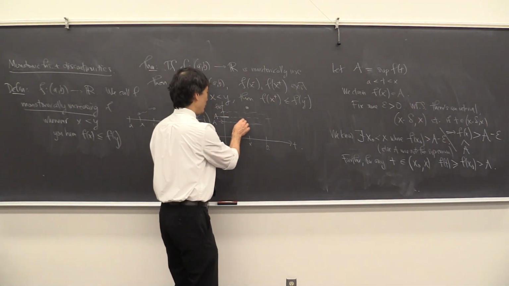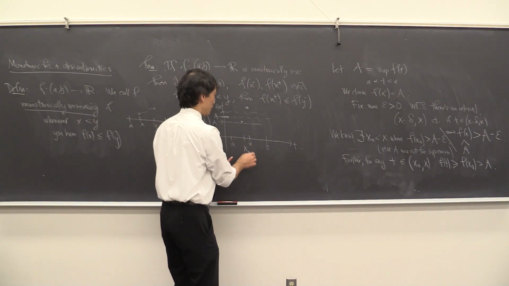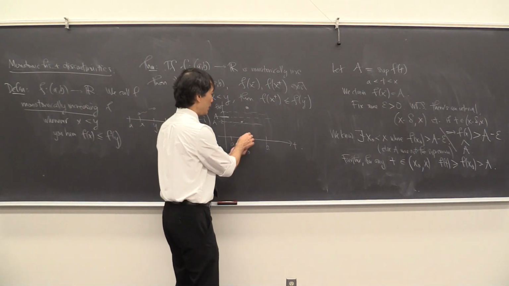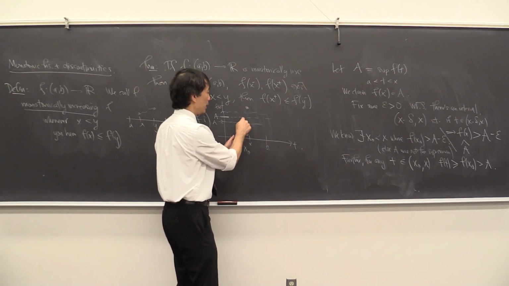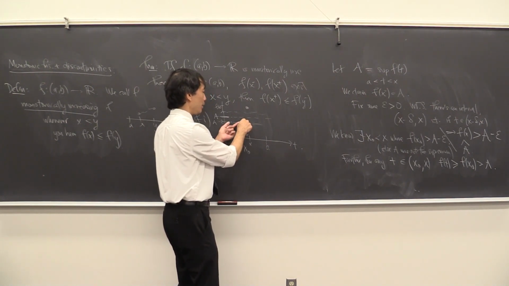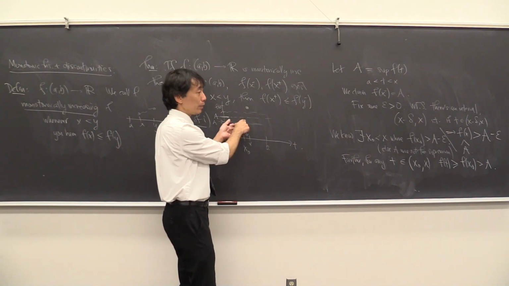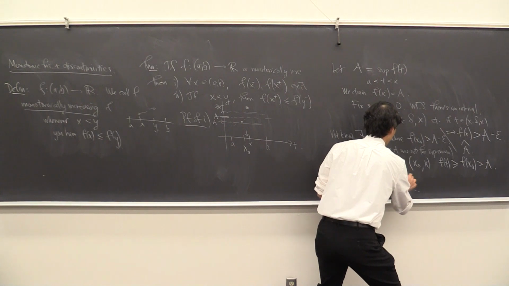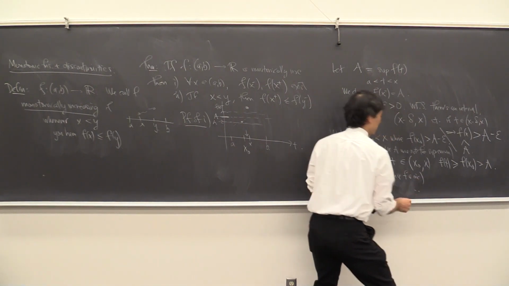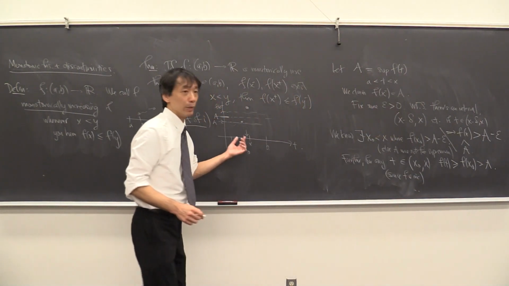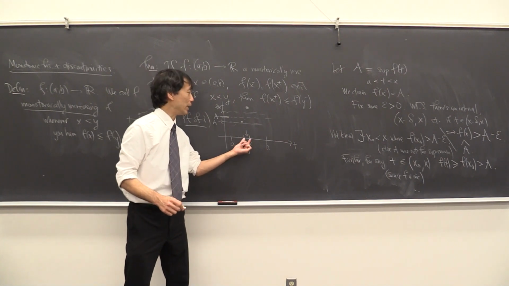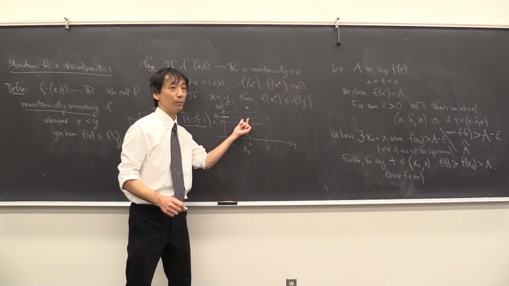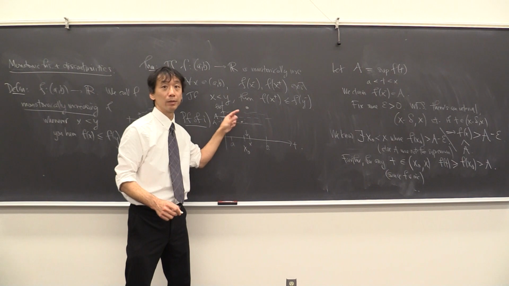We find some point where you cross the line, call that x naught. Any point to the right of there, any point in this left-handed neighborhood of x, is going to have a value bigger than A minus epsilon, since f is increasing. And so we're done. We found the left-handed neighborhood in which all values get mapped into the epsilon neighborhood.